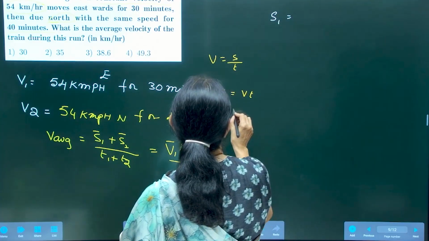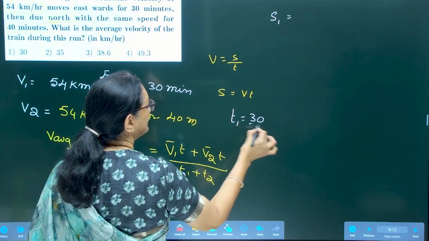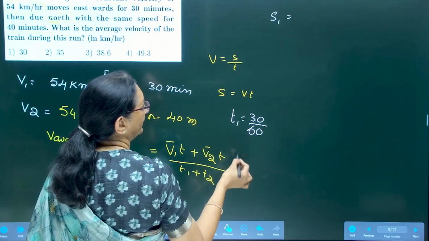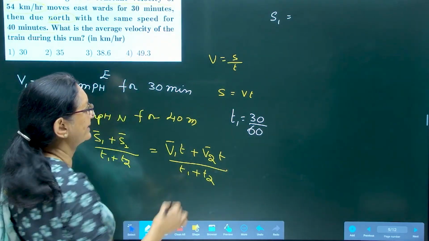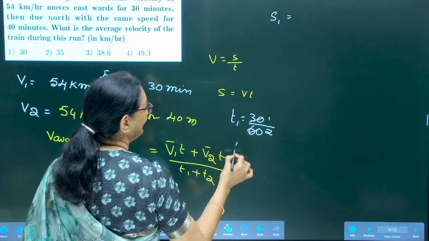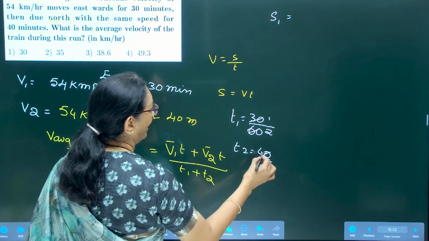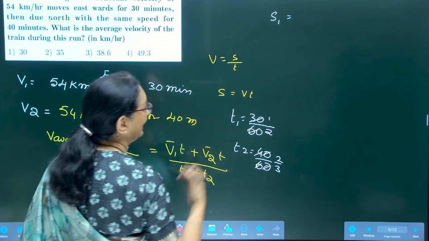First, let us convert times. T1 is equal to 30 minutes. If you convert that into hours, 30 by 60, that is half an hour. And T2 is 40 by 60, or 2 by 3 hours.